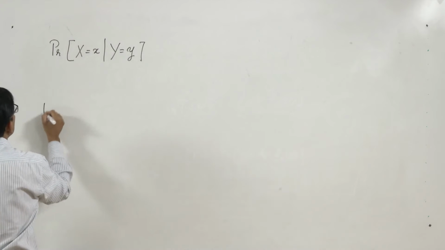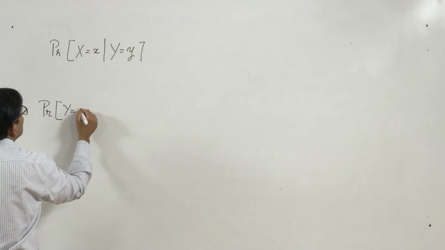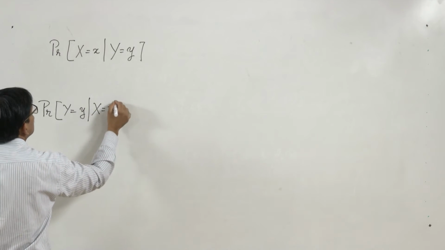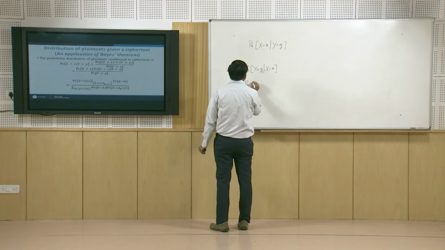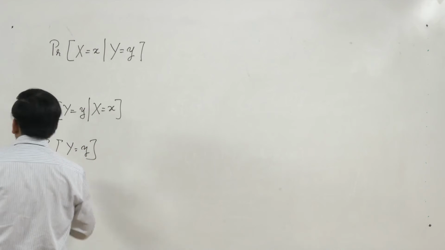What we know is the probability of capital Y equal to small y given capital X equal to small x, that we have seen before, and we know the probability of capital Y equal to small y.